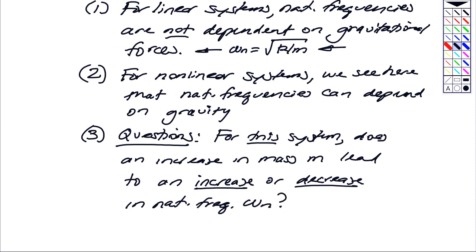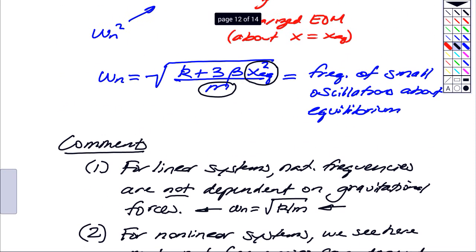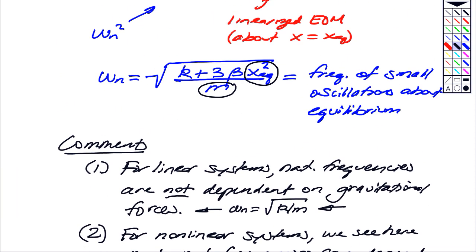And it's not clear, because as we look back at the equation, as you increase m, obviously you have a 1 over m effect. But as you increase m, you also increase the equilibrium deflection, effectively increasing the stiffness.